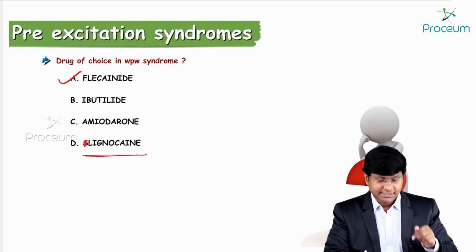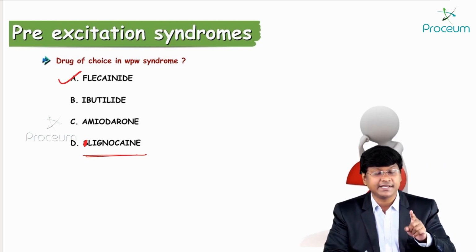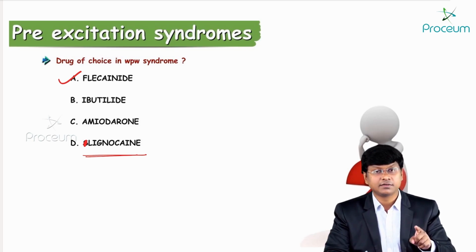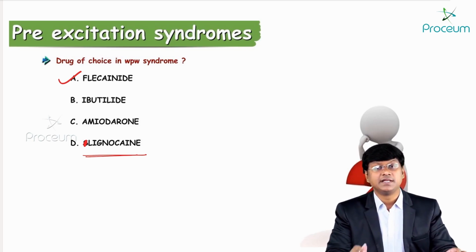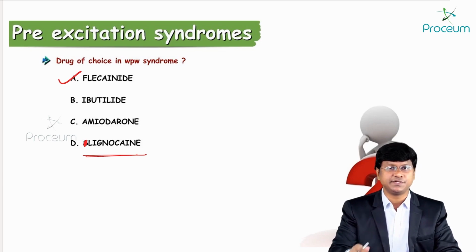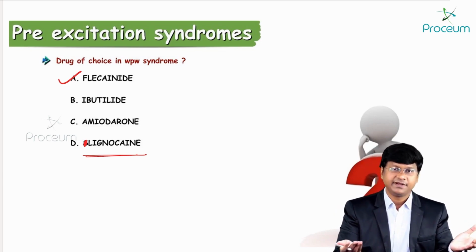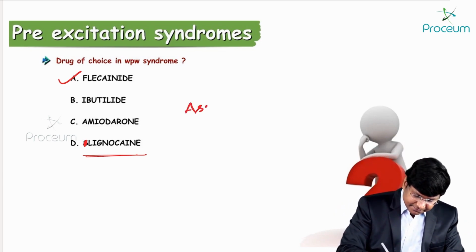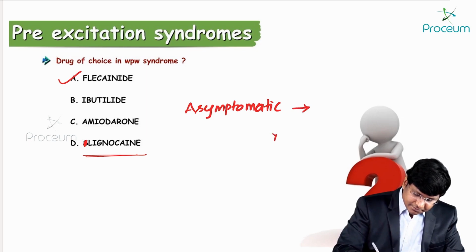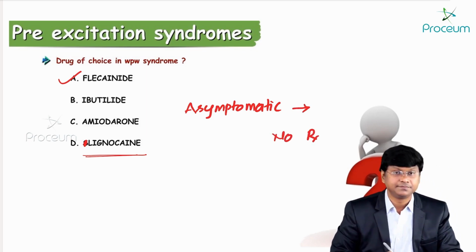See, these patients with WPW syndrome are treated because of symptomatic arrhythmia, or because there is risk of life-threatening arrhythmias in these individuals. If the individual is asymptomatic, there is no treatment required.